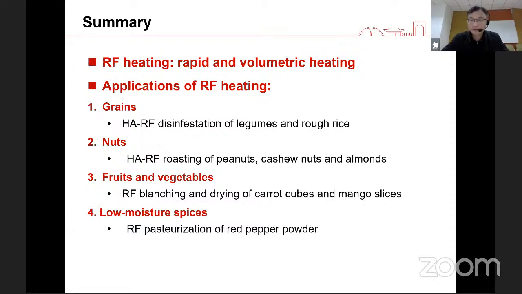We also validated that RF heating would cause sublethally injured cells, but unfortunately, these cells would not cause direct and cross protection effects. This also could be an advantage for RF pasteurization technologies. So that's all about my lecture.